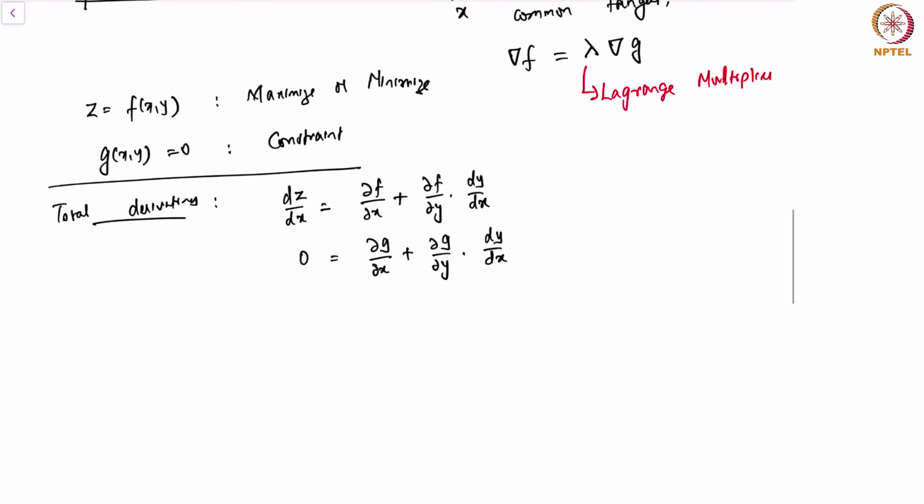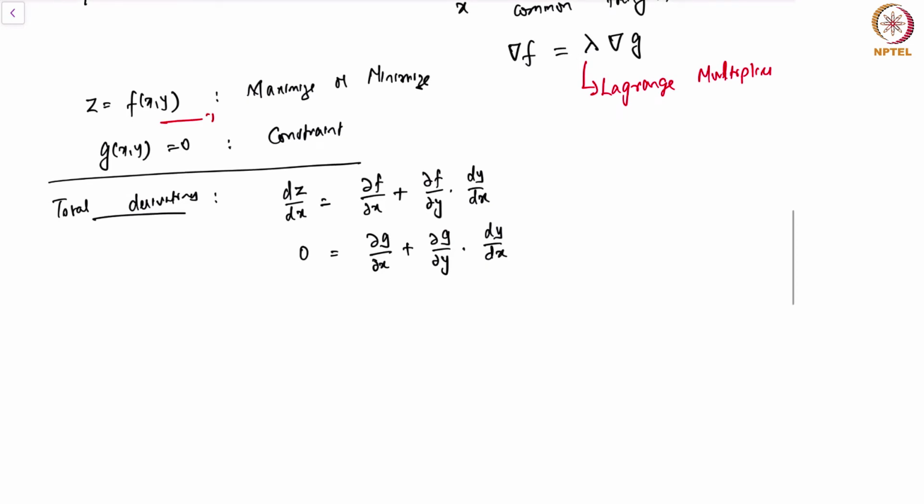So let's give some labels here. These are my equations 1 and 2 that I have, and I have got 3 and 4. Okay, now if del g by del y is not equal to 0, it's enough for us.